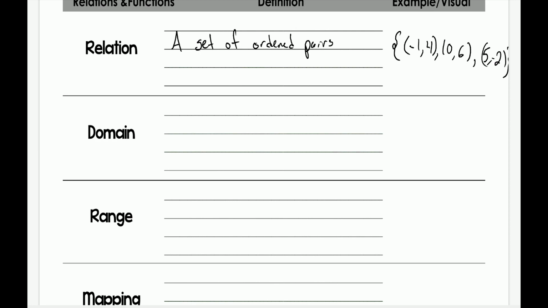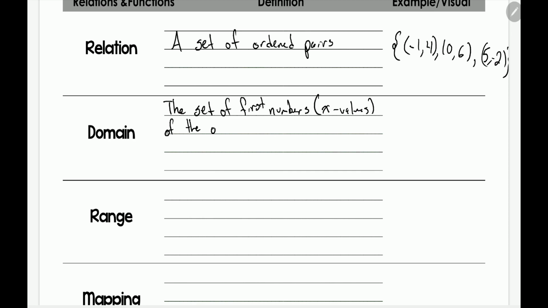The domain is the set of first numbers, or in other words, the x values of the ordered pairs in a relation.